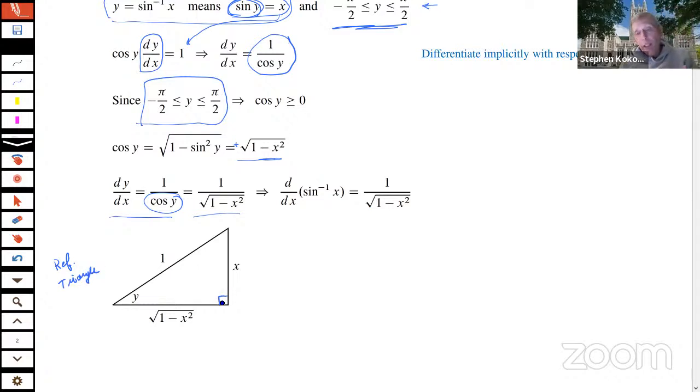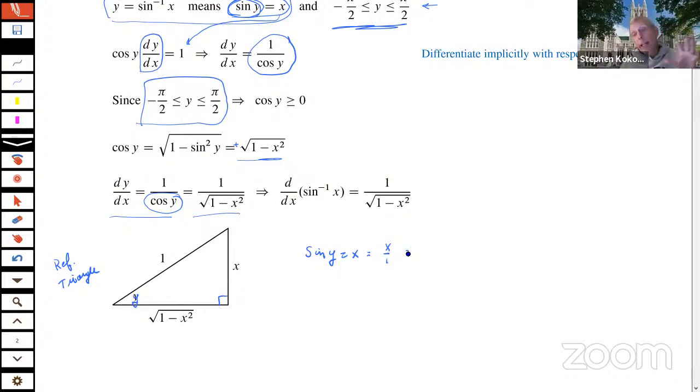And I'm going to put in at least two sides here by going back to the very beginning, where the sine of y was equal to x. So I draw a right triangle, I put my angle over here, and I'm going to do this in a little bit more detail than is necessary, but I know that's x over 1.